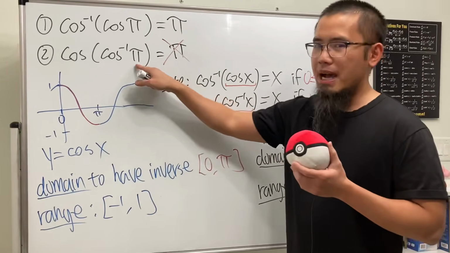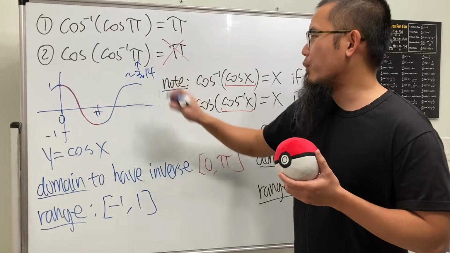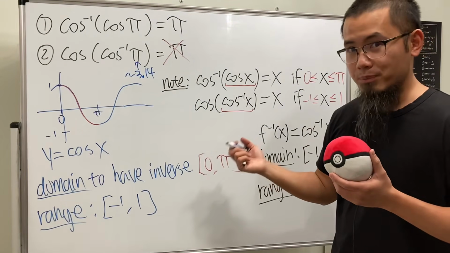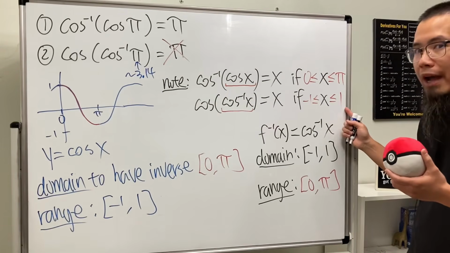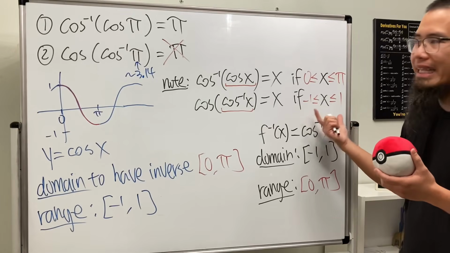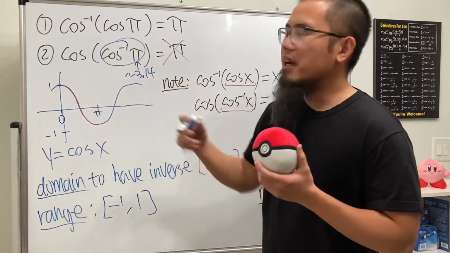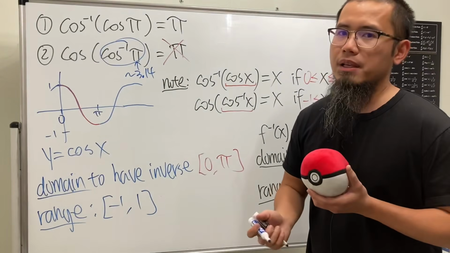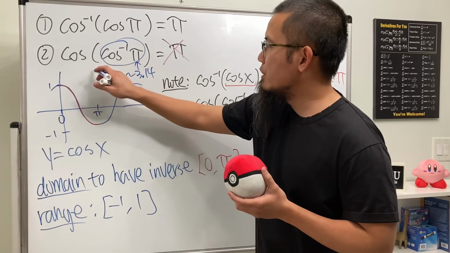Okay, take a look at pi. Well, we know that pi is approximately 3.14 and so on. But more importantly, pi is bigger than 1, which is outside of this interval. So in fact, this right here doesn't even make sense in the first place if you are talking about real numbers. So this right here is actually undefined.